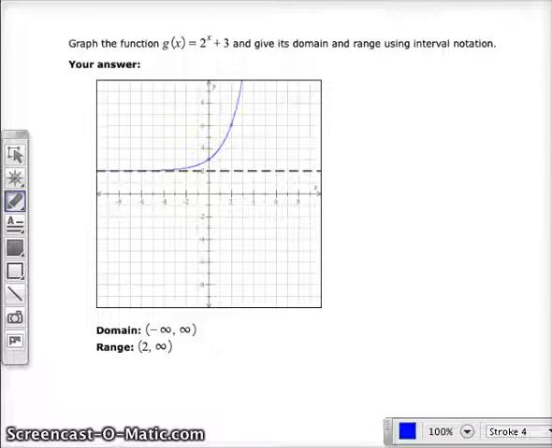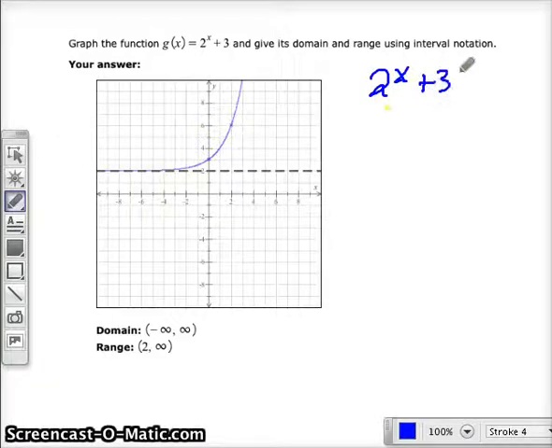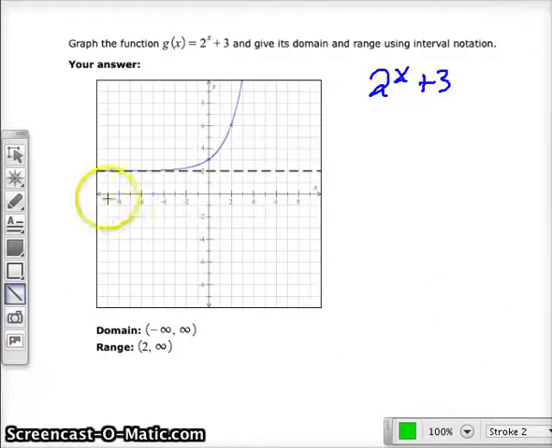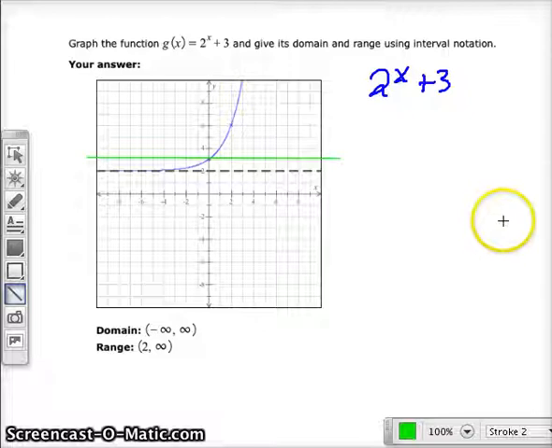All right, let's look at this one. Graph the function. Okay, so this is actually 2 to the x plus 3, which means 3 up. Okay, 3 up, right? So what I'm going to do is do my horizontal asymptote at 3. Okay, there's my horizontal asymptote. And I'm going to take the graph y equals 2 to the x.